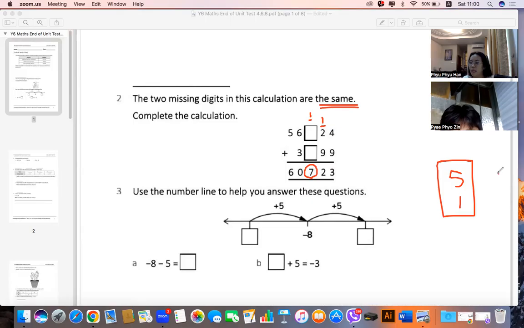So that 6, you need to split it into the same number. So what is the number? You need to split it into 2 numbers that are the same. So can you make it like 3 plus 3? Can you get 6?